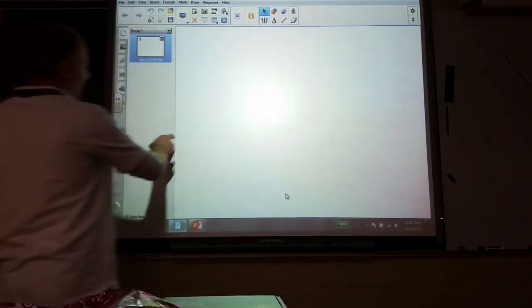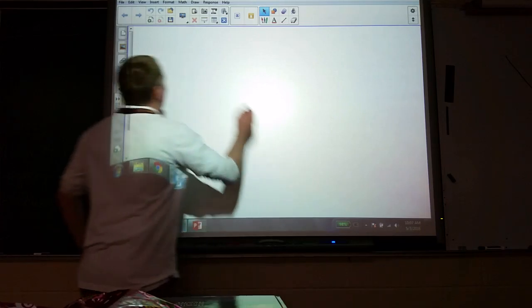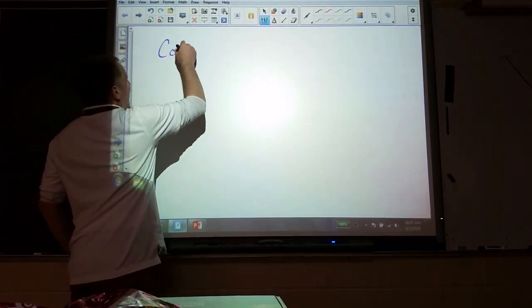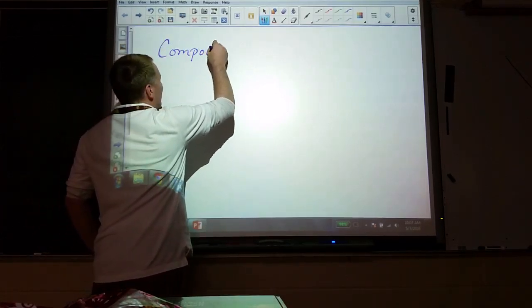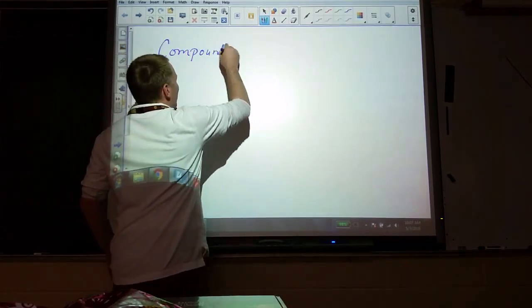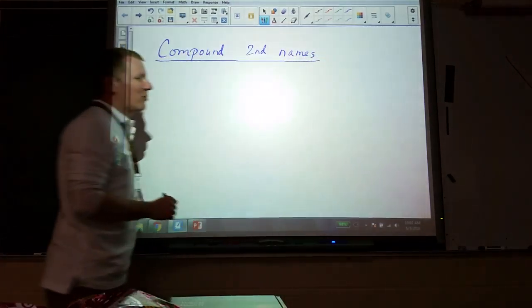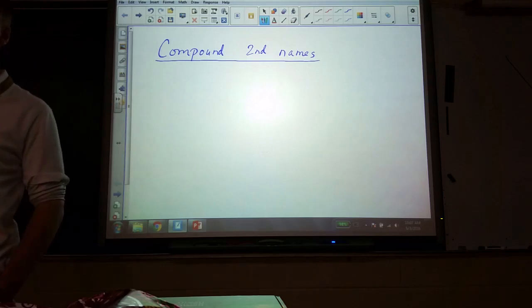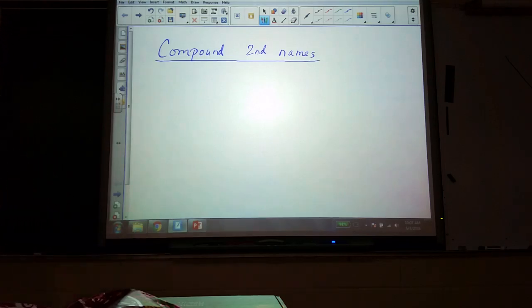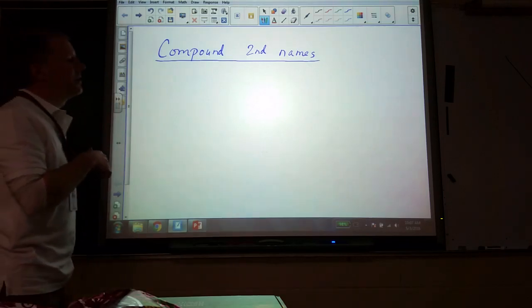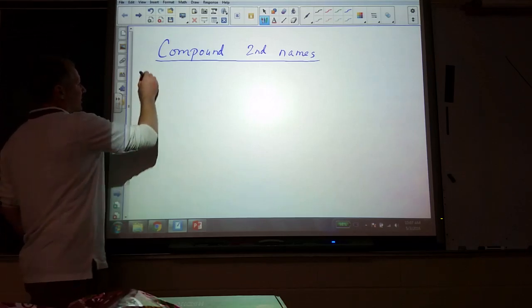Okay, so naming, let's say compound names. I'm going to try and run down some rules that will take a little bit of practice, but should at least get you to where you can name them on your own.